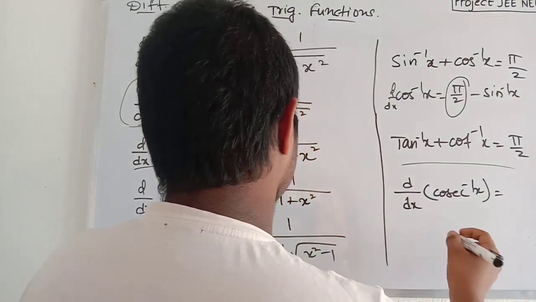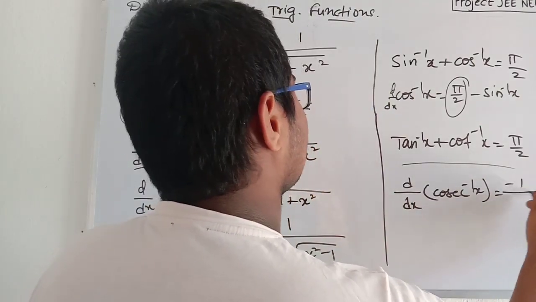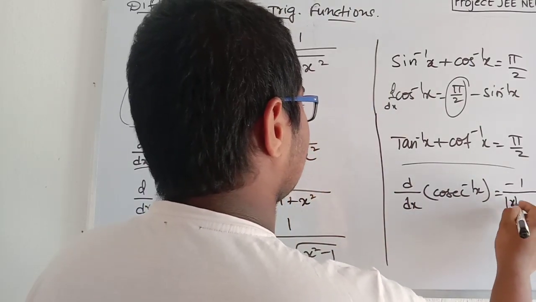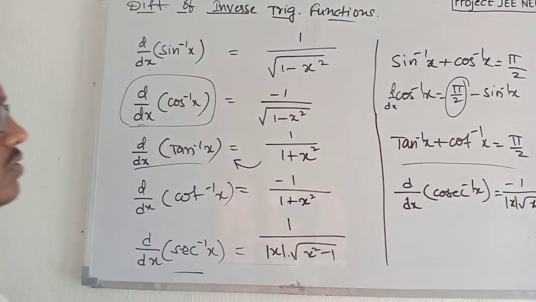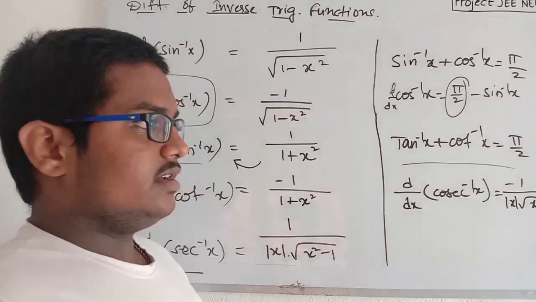Then minus 1 by mod x into square root of x square minus 1. So note it down. Noted? Let's move ahead.